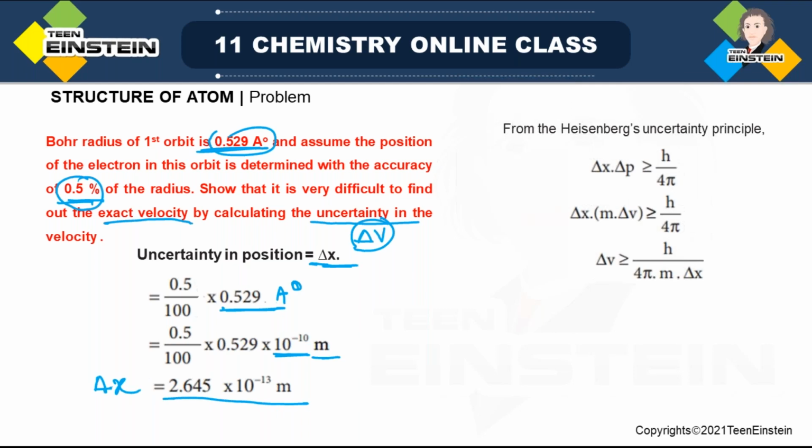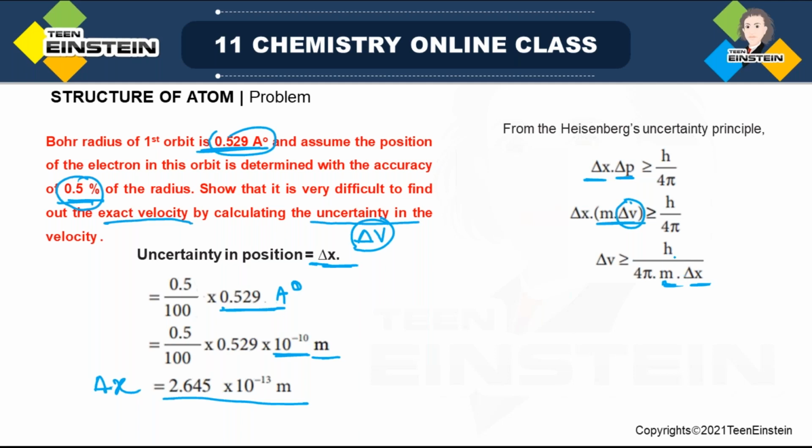Now we will use that equation from the Heisenberg principle. You know del X, you do not know del P. Basically first you have to break del P like this, because you have to find only this part, and m is known for the electron. So ultimately del X into del V is greater than or equal to h by 4 pi m. So del V is equal to h divided by 4 pi mass and del X, and del X we know.